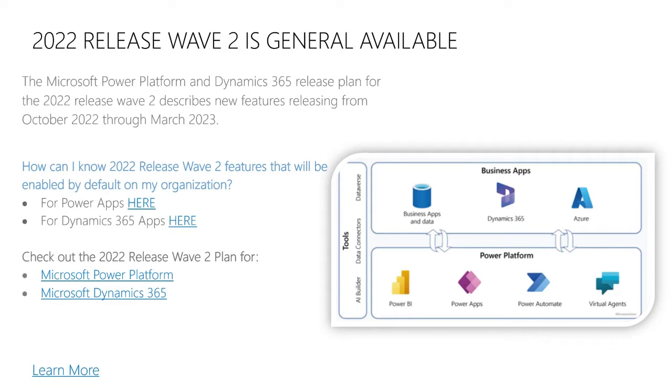Last weekend was the North America rollout, so if you have an environment in North America, this would have been automatically applied if you hadn't applied it manually before that. I think this weekend it'll finish off with a few additional regions, and then it'll be complete. Release Wave 2 covers all the features from October through March of next year. Some of those things get turned on automatically when it gets enabled. Other ones will be coming from now up until March.